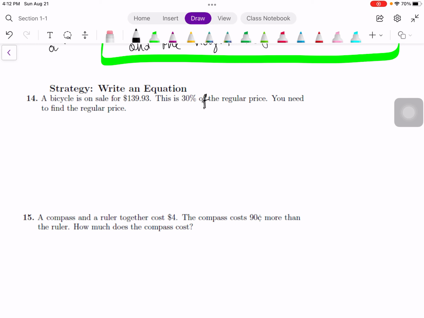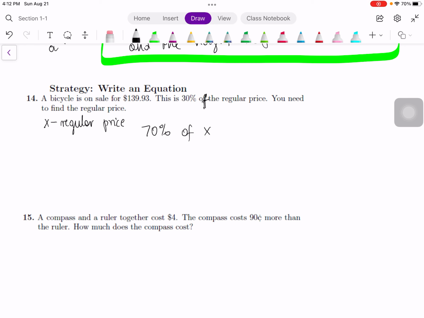We know the price we see is 70% of the original price, because the discount was 30%, right? If the original price was decreased by 30%, the new price is 70% of the regular or original price.